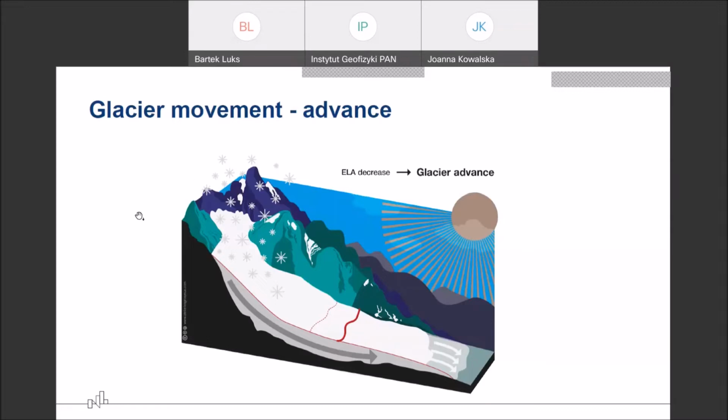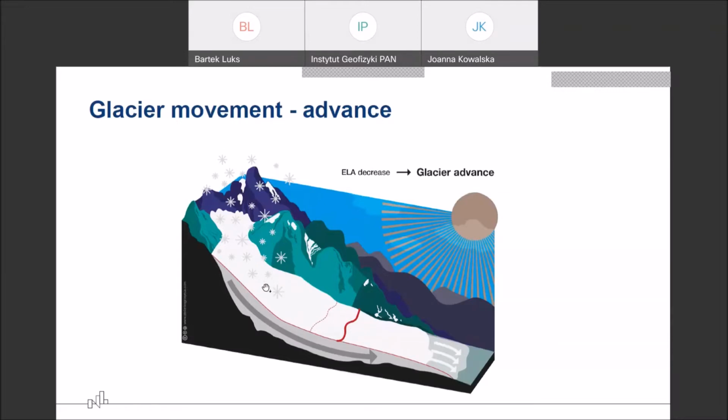The other process is run by meltwater. So even with glaciers that have negative mass balance, so that they melt out, they will go forward, and it's due to forming a very thin layer of water under the glacier. That's the case of temperate glaciers, so glaciers that can be infiltrated by water. So during the ablation period, snow melts here on the surface, and ice melts here on the surface.